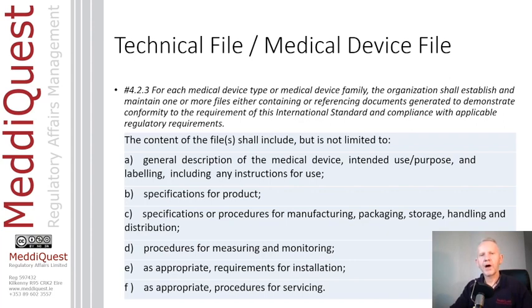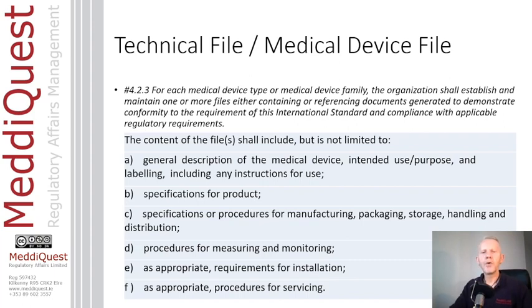that were required in what was called a medical device file. It's basically a technical file. It talks about the same sort of thing, the general description, the specifications of the product.